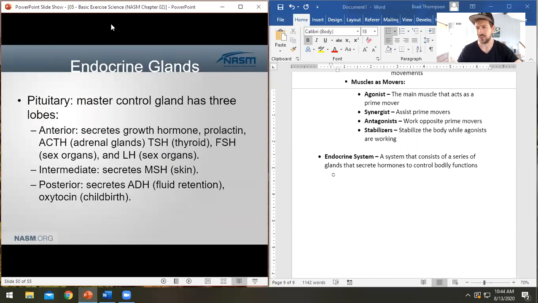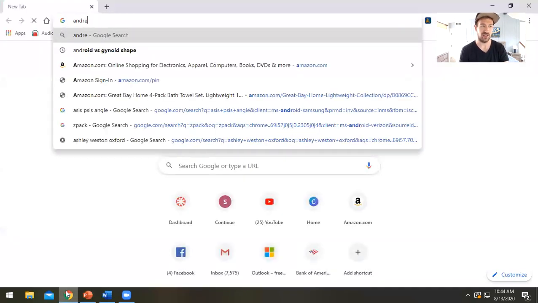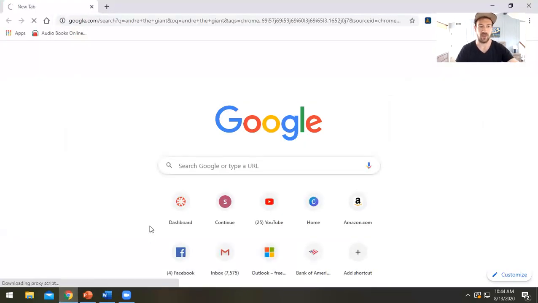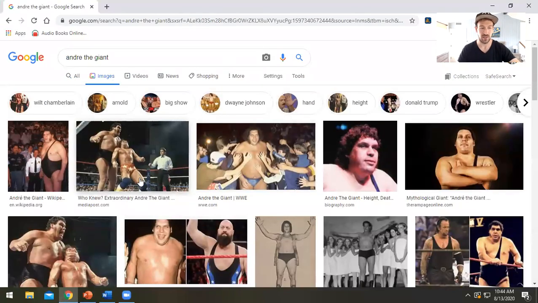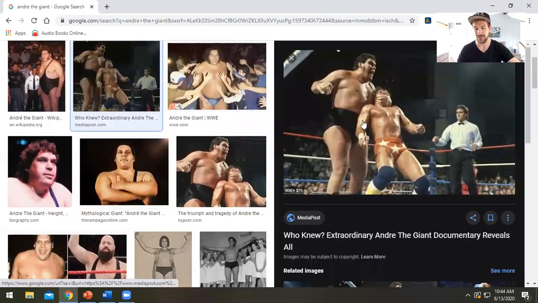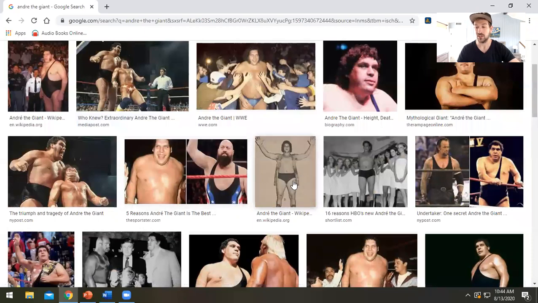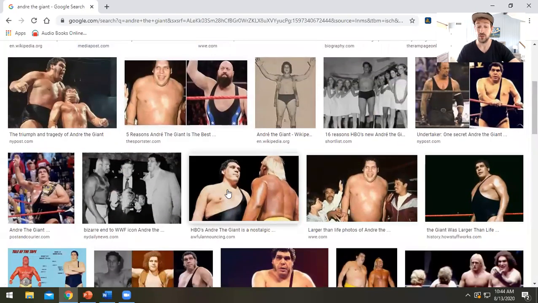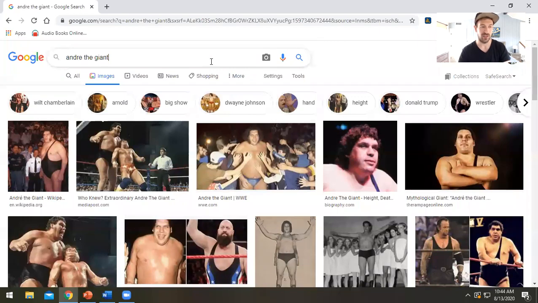When you see somebody who has gigantism, for instance, like Andre the Giant, very famous, someone who had gigantism. He was an exceptionally big dude, and that's because he had a pituitary disorder where a growth was constantly pushing on his pituitary gland, so his body was constantly releasing growth hormone.